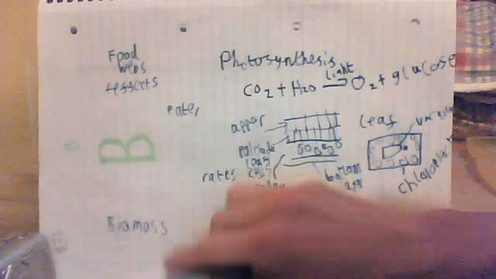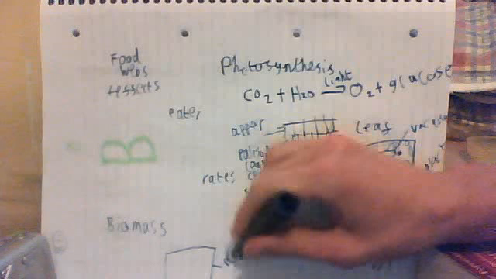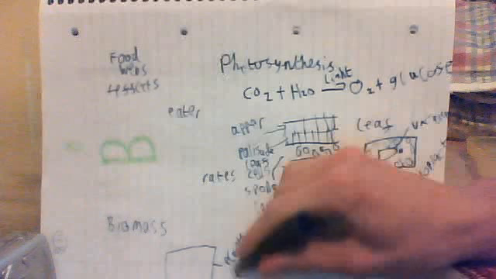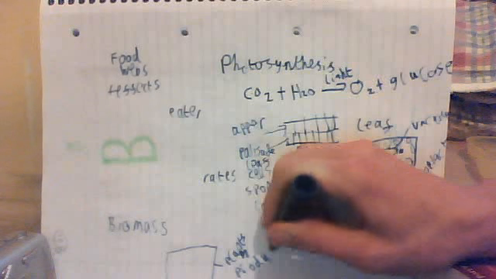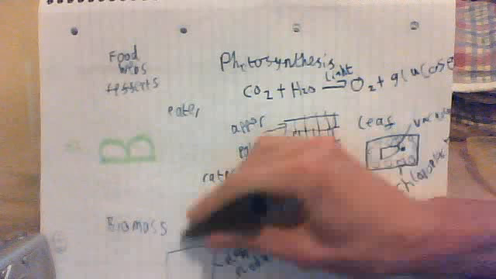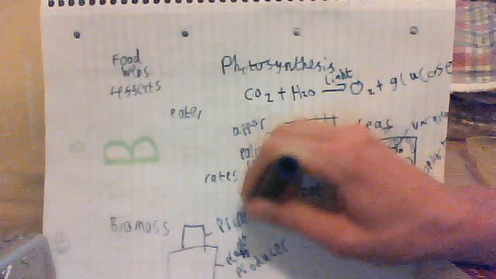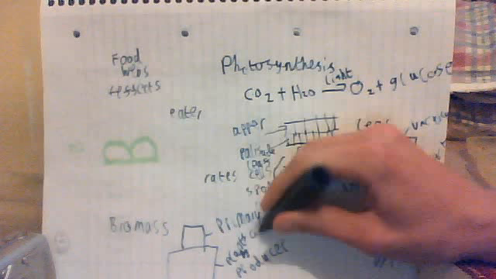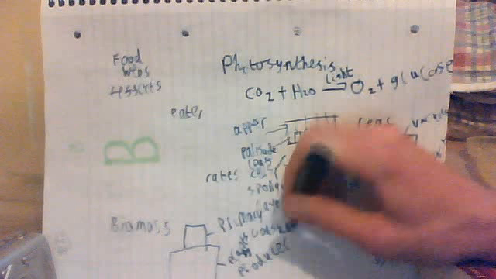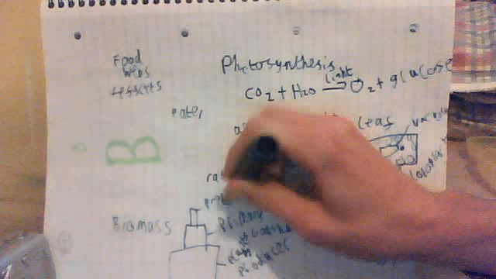So you can have at the bottom lots of plants, or these are plants, but they're also producers. Then you have your primary consumer, and so on. And then up here you have your predator.